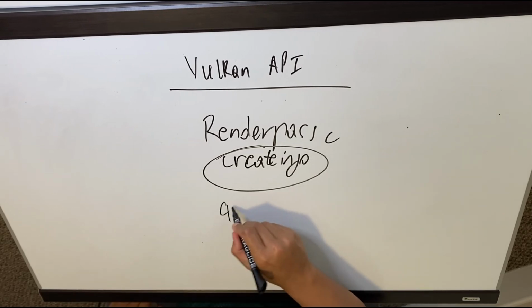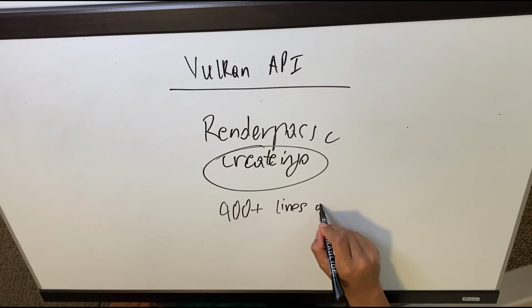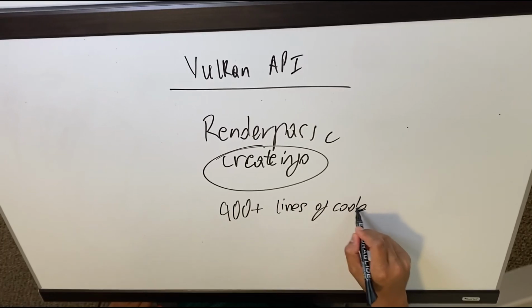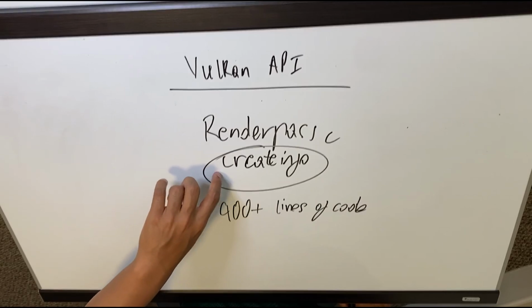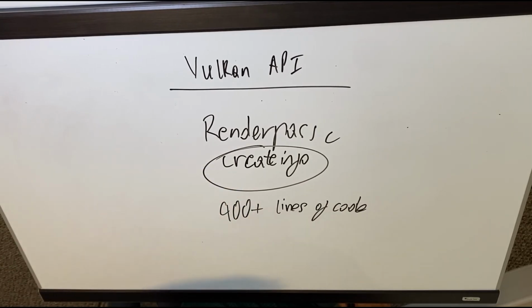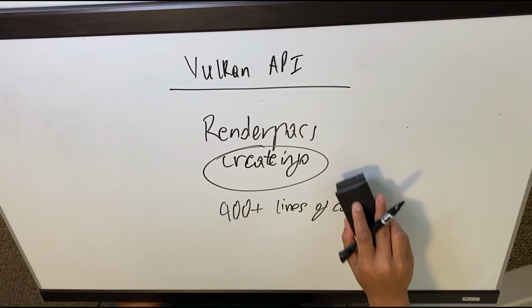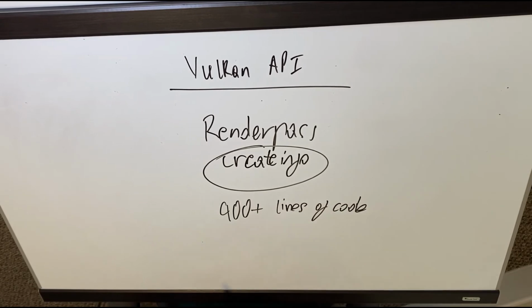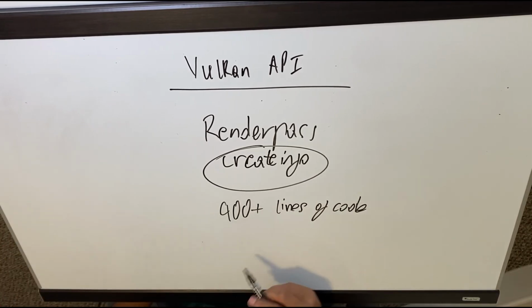to make a triangle, it's 900 plus lines of code, right? But a majority of the code in Vulkan is dominated by this create info structure, and all create info is you declaring settings to Vulkan. You're just telling Vulkan, hey, I want this option, I want this option, I want this option, right?